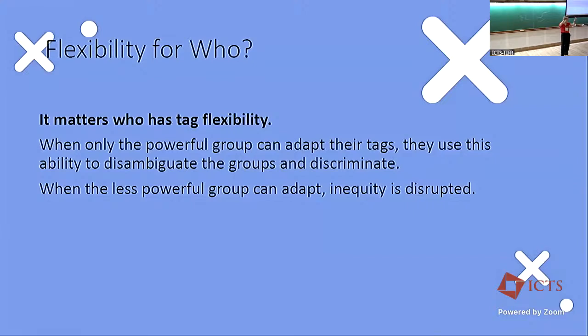Furthermore, you see outcomes where that group has totally adopted the signal of the powerful group. So you end up with a group where the tags are the same or very similar, depending on if we have mutation happening, and everyone has adopted the signal of the group that otherwise would have ended up demanding high more often. All right, so that's the flexibility part.